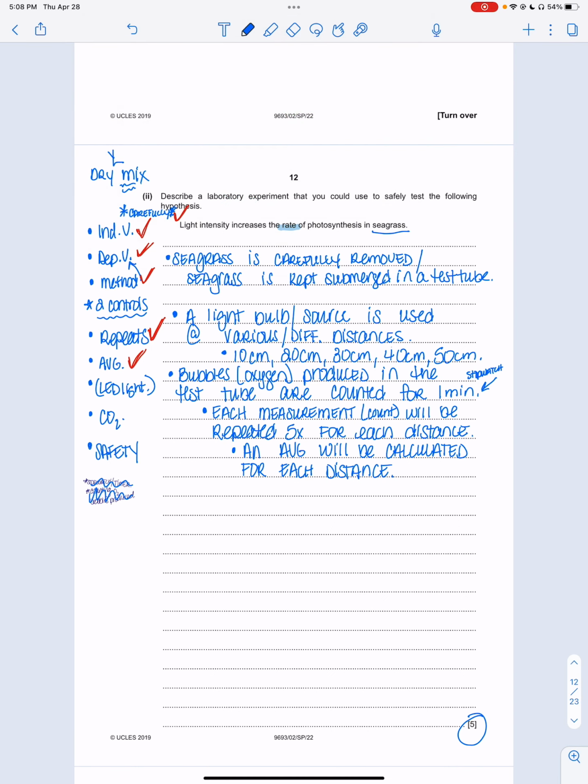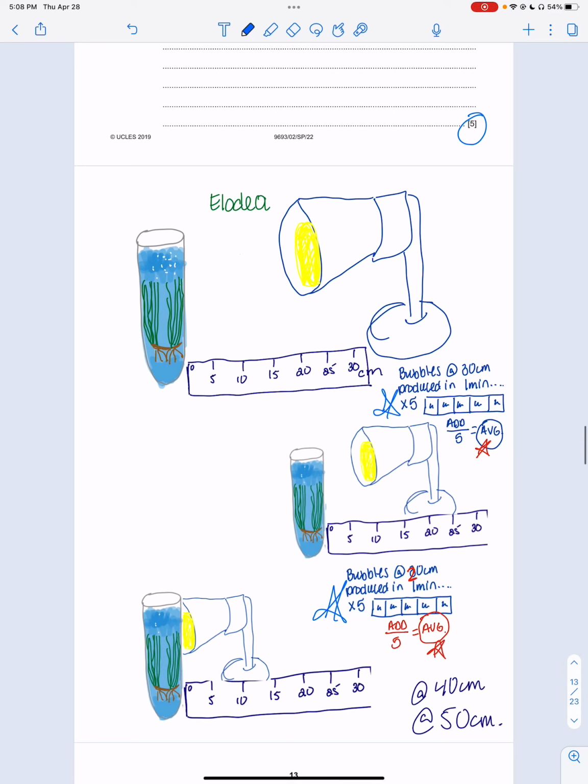All right, almost done. So things we want to keep controlled. We only want to change the distance. Let's consider the water. Within the water, you've got temperature. You want to make sure the temperature doesn't change, and we can also mention the LED bulb for that.